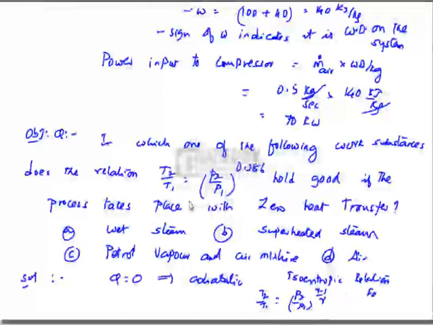For air, gamma is 1.4. So the answer is air. For superheated steam, the adiabatic index gamma is only 1.3. It is not 1.4. So the answer would be air.